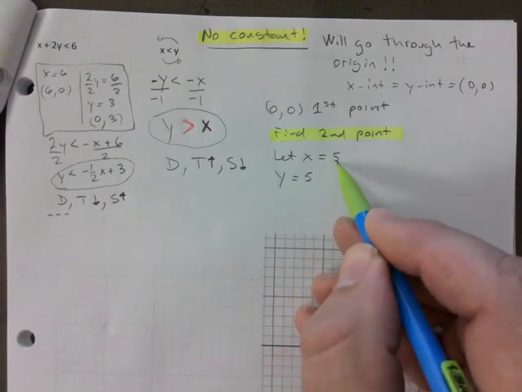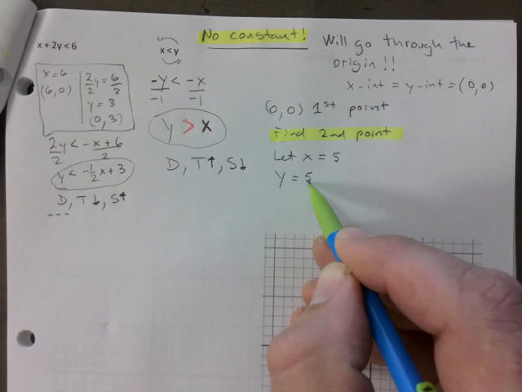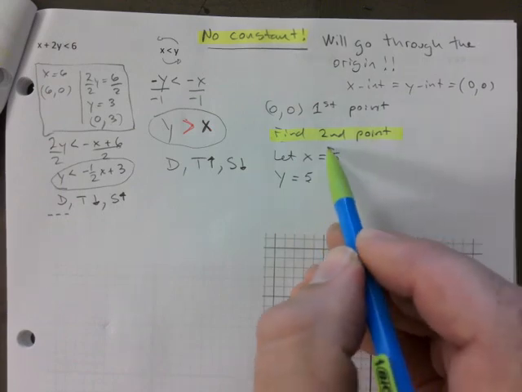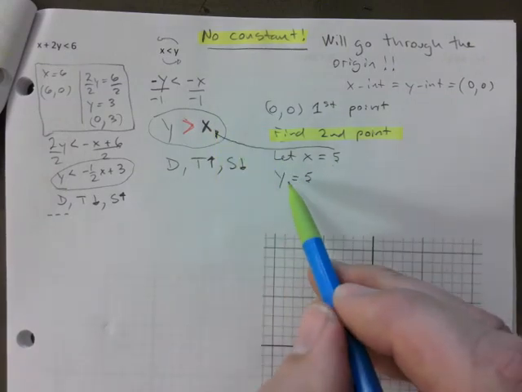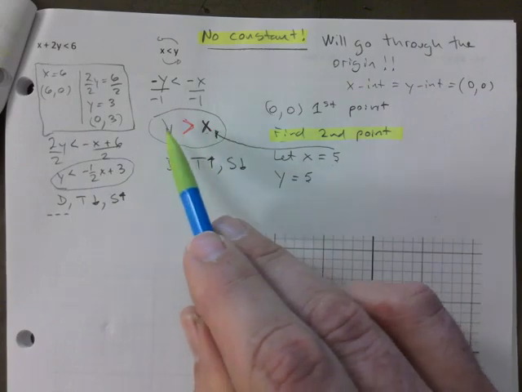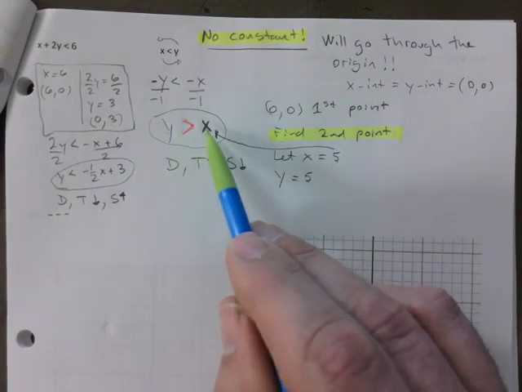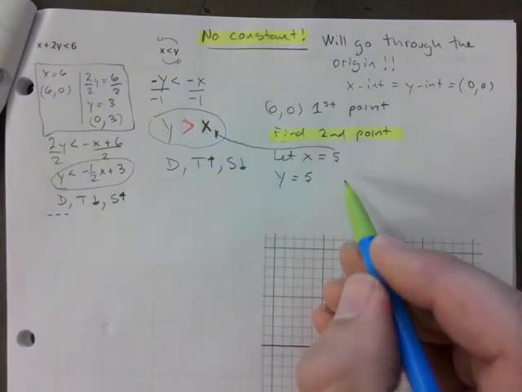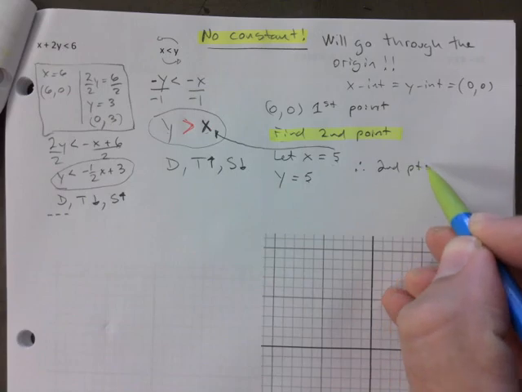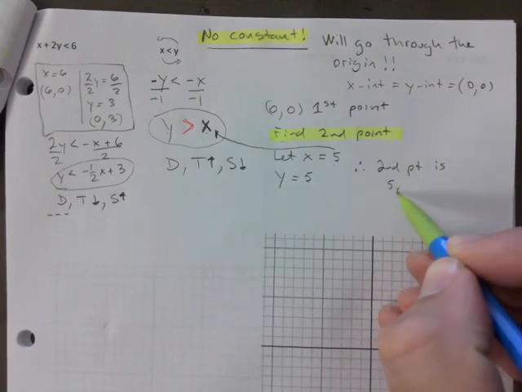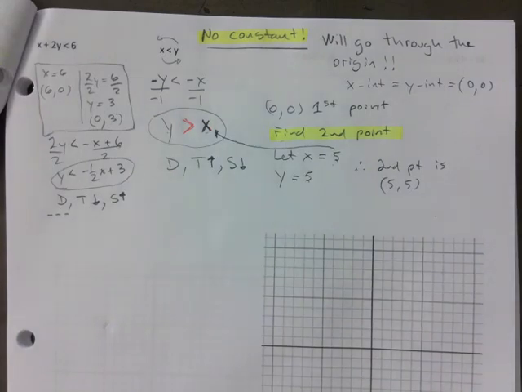When x is equal to 5, y is equal to 5, right? You're putting this 5 in there. So when this is 5, you're also saying that y is going to be equal to 5, if you're looking at the boundary line. So therefore, second point is 5, 5.